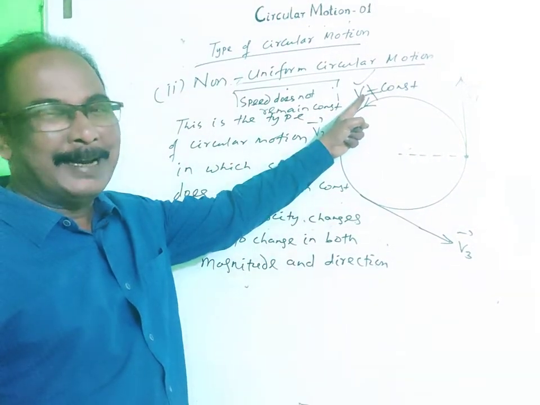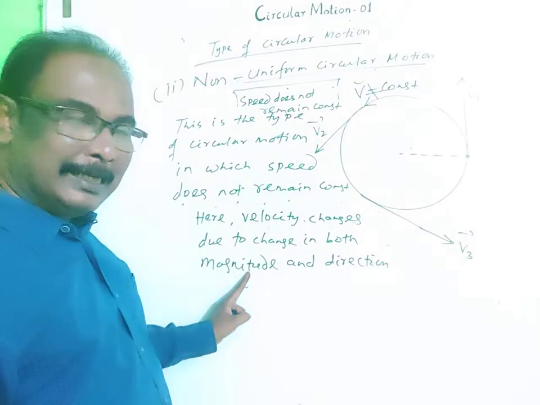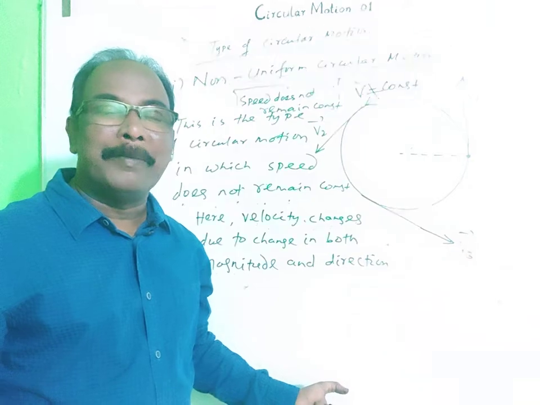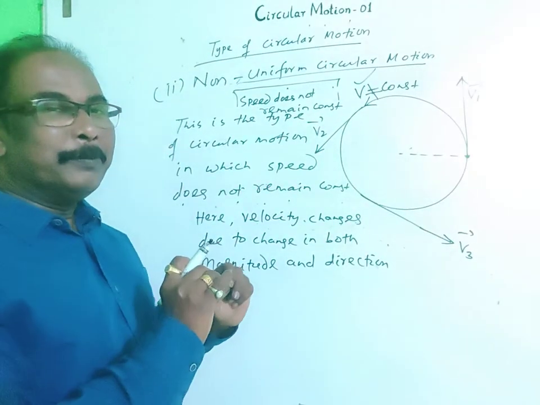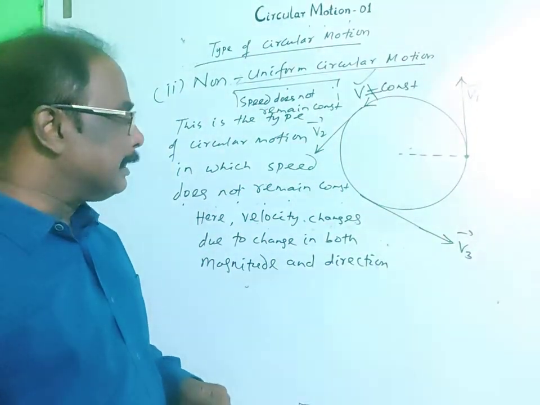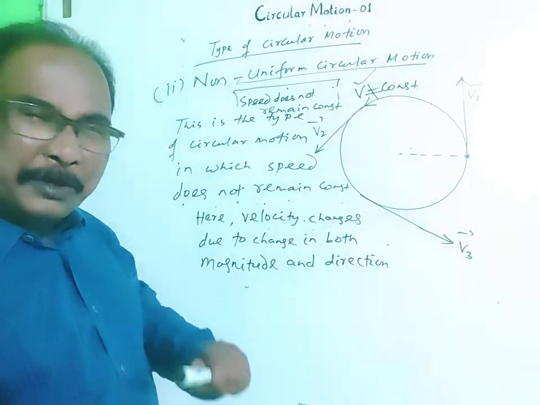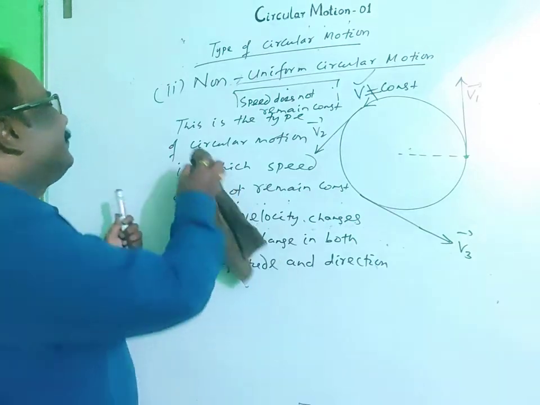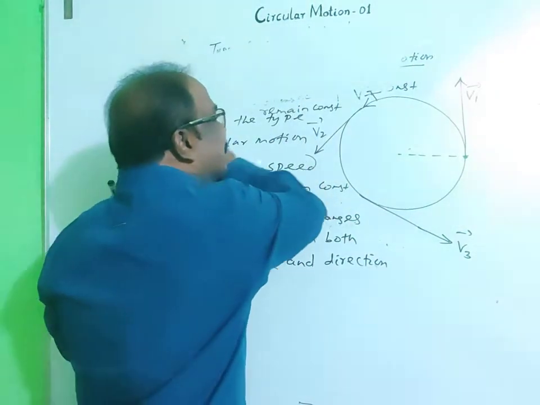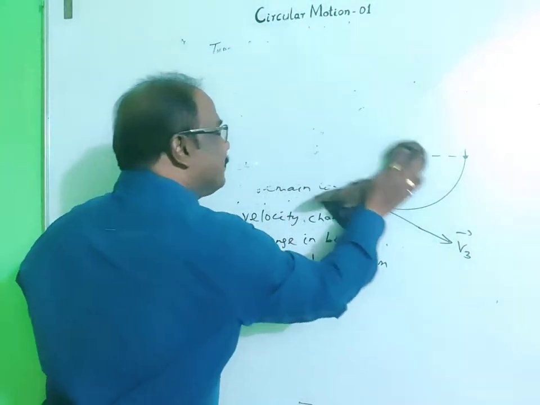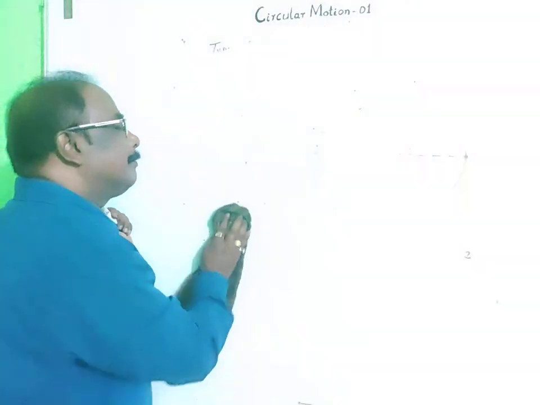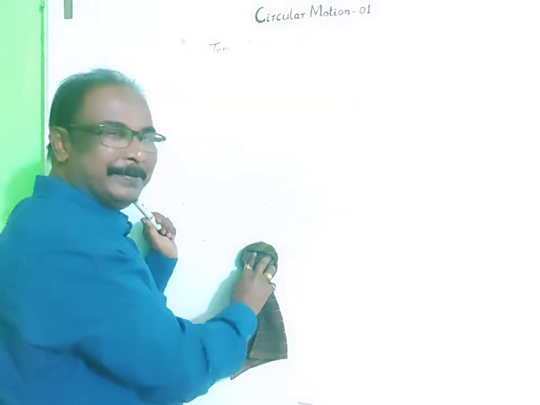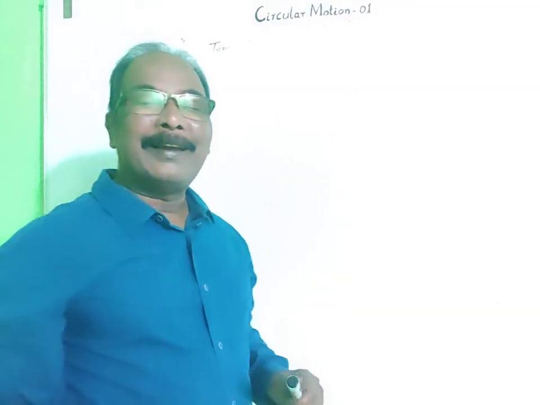Speed is not constant. Thus magnitude of velocity changes. Again, direction changes. Direction at any instant is determined by drawing a tangent. So in non-uniform circular motion, velocity changes due to change in both magnitude and direction. Okay, so this is about types of circular motion. Two types of circular motion: uniform circular motion and non-uniform circular motion. Is it clear? Is it clear to all?